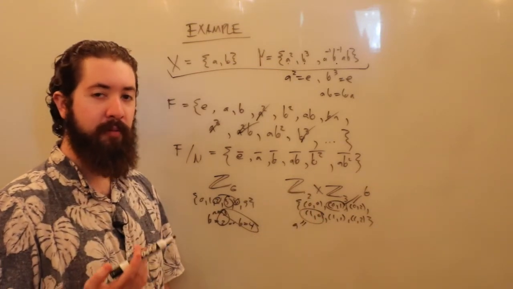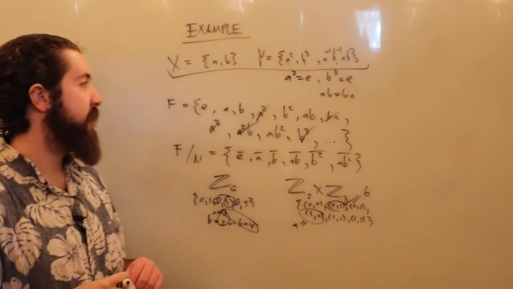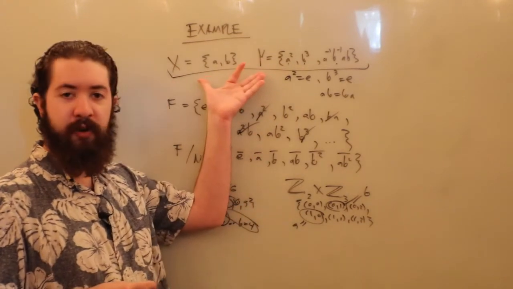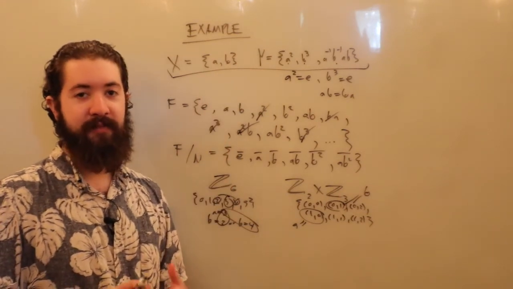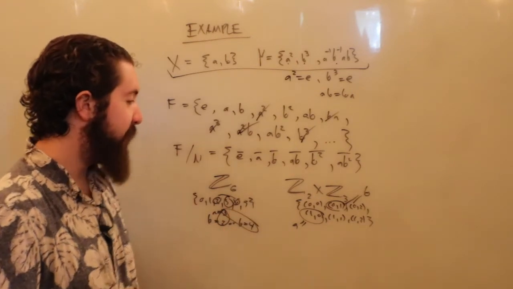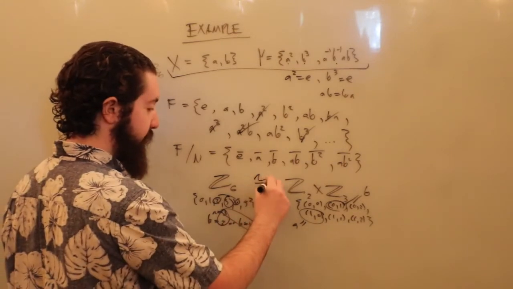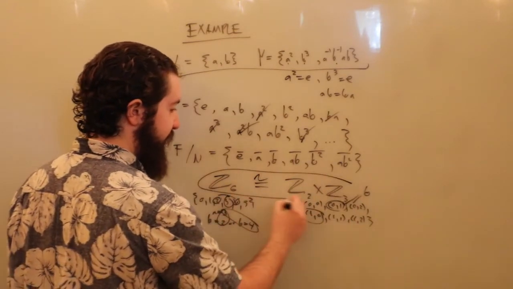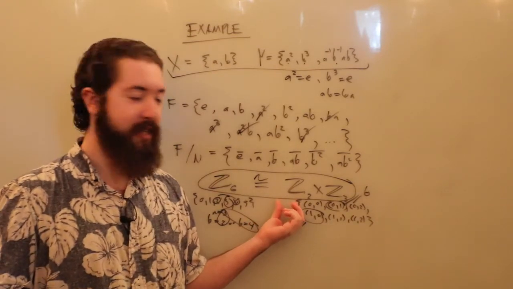Oh, but now we have a problem. Which of these two abelian groups is this group presentation describing? Well, I apologize, but I've tricked you. This is a special case. It's not usually true, but Z6 and Z2 cross Z3 are actually the same group. They're isomorphic.